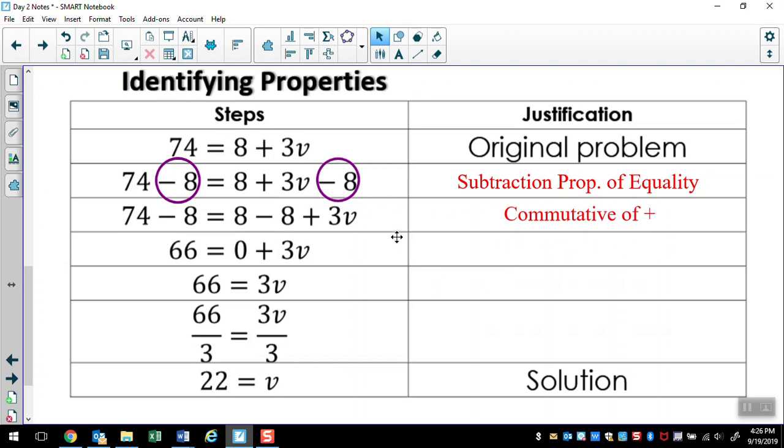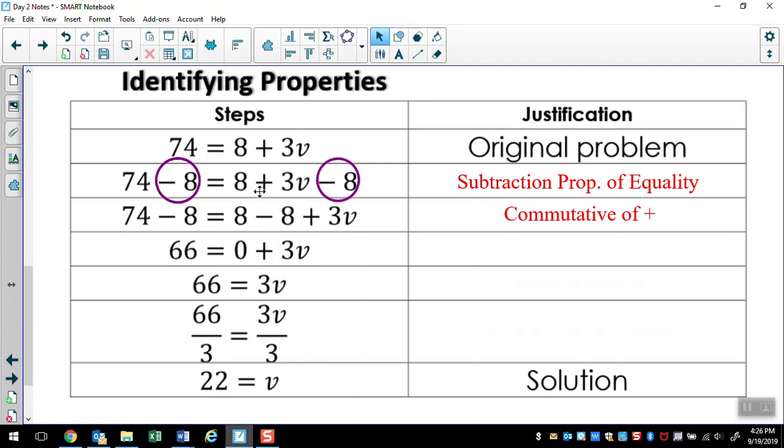Okay? Now, let's see what happened next, what changed. So 2 things changed. We went from 74 minus 8 down to 66, and then we went from 8 minus 8 down to 0. Both of those, we could use what we call the substitution property, where I substitute an answer for a problem. And that's exactly what we did here. We substituted.